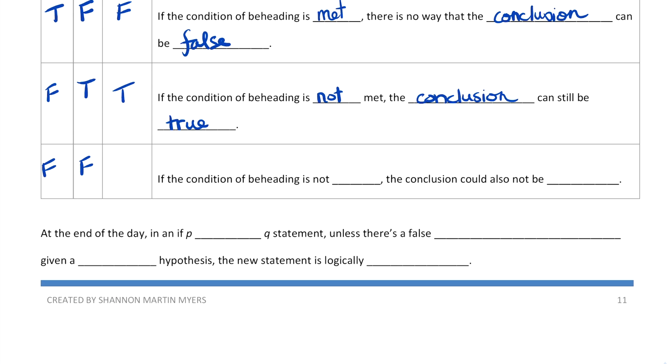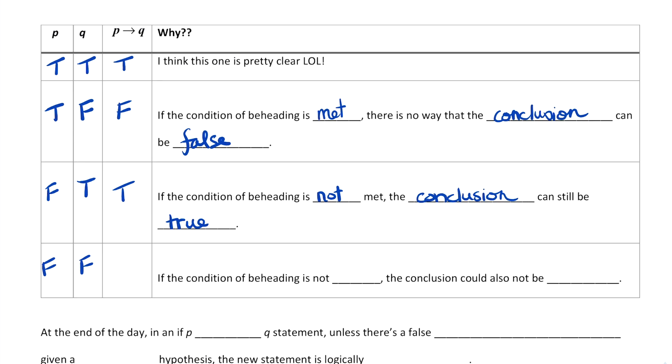And if the hypothesis is false, and the conclusion is also false, it turns out that logically this is true. If the condition of beheading is not met, well, the conclusion could also not be met. We don't know, right?